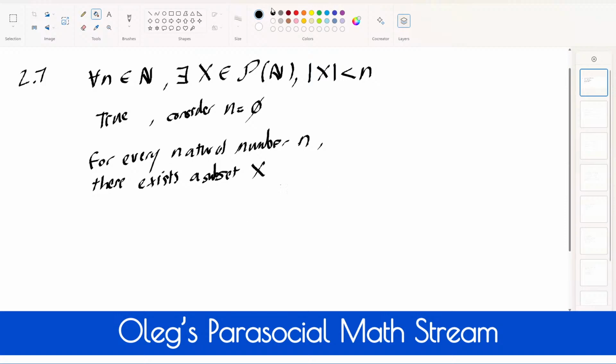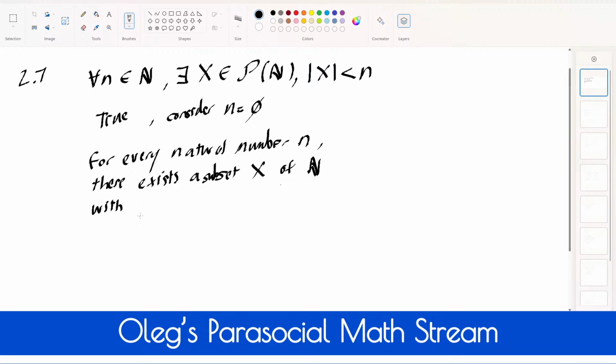Okay, for every natural number n, there is a subset X of n of the natural set, with the cardinality of X being less than n.